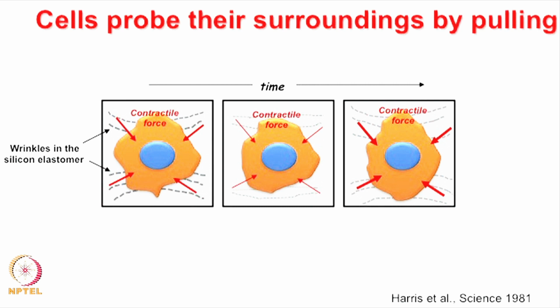You can understand it pulls on it because it induces wrinkles on the substrate. So, these come and go. In this case these wrinkles have nearly vanished and then completely vanished, but again they reappear, showing that the cell is actively probing its surroundings by pulling, and this is what enables the cells to sense what is in its surroundings.